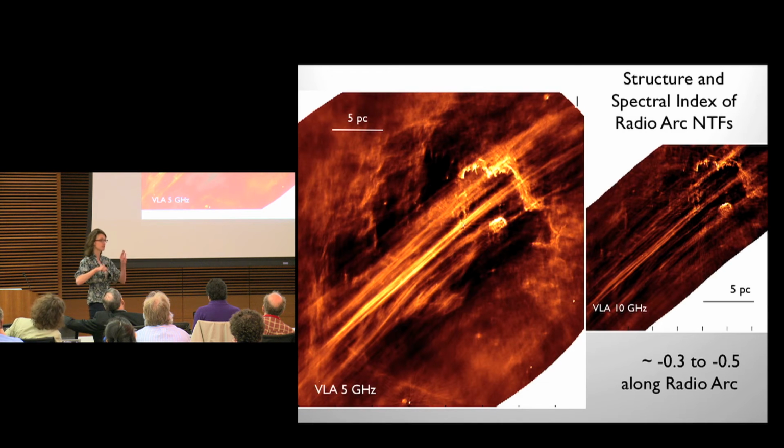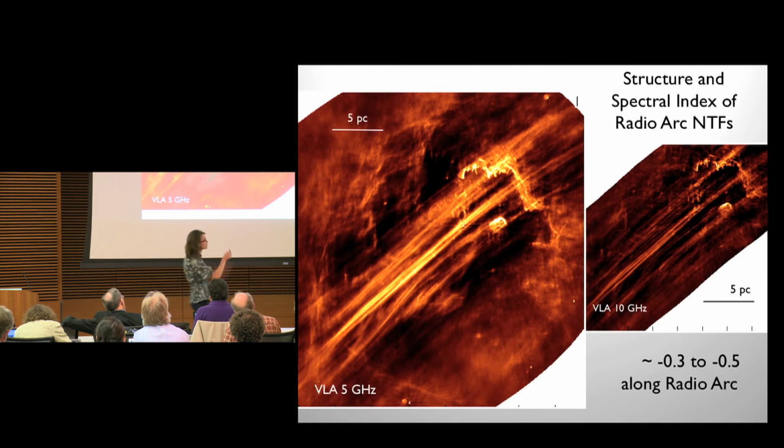And the depolarization, the polarization maps are very interesting because you can actually see that this is presumably thermal material possibly lying in front of the filaments, because you can see depolarization channels associated with extensions of these curved arc-like features. At 10 gigahertz, we're losing some sensitivity to extended features, but again, we're seeing very narrow ability to resolve these filaments into, in some cases, less than a tenth of a parsec.